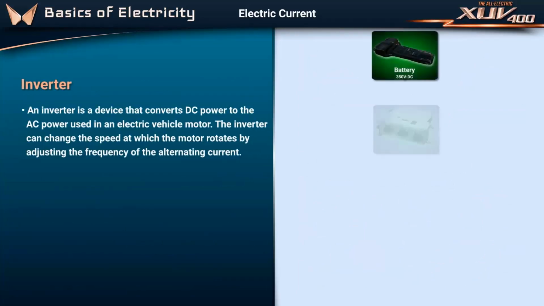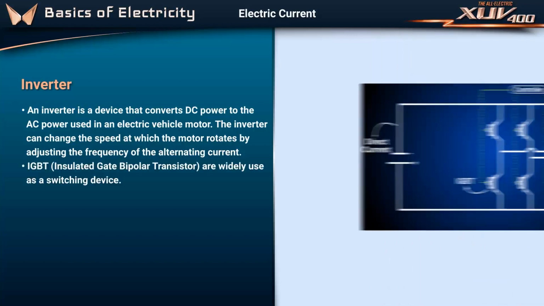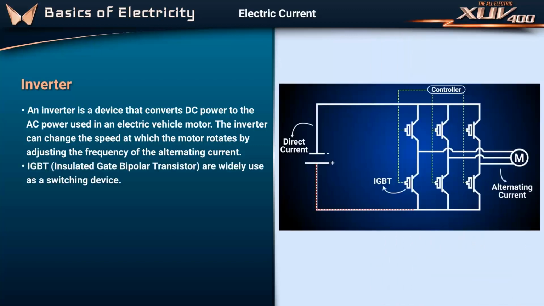Inverter. An inverter is a device that converts DC power to the AC power used in an electric vehicle motor. The inverter can change the speed at which the motor rotates by adjusting the frequency of the alternating current. IGBTs are widely used as a switching device.